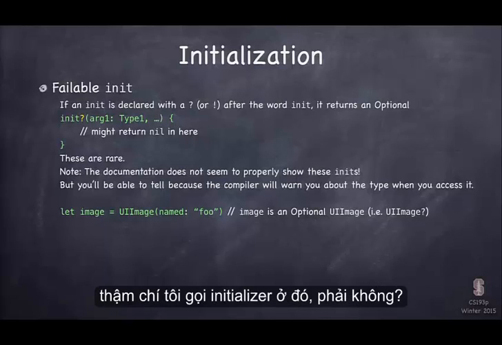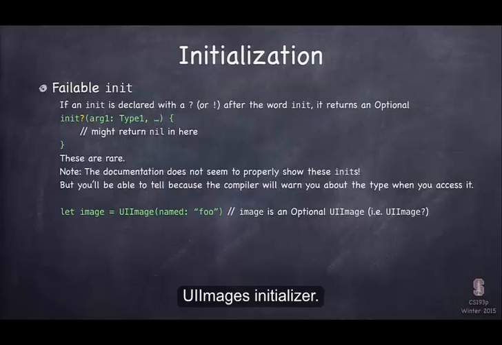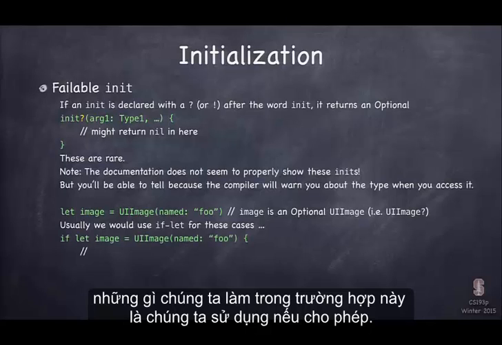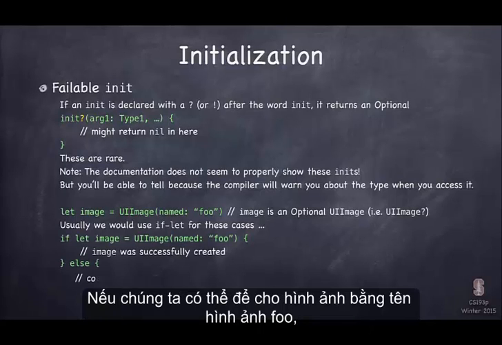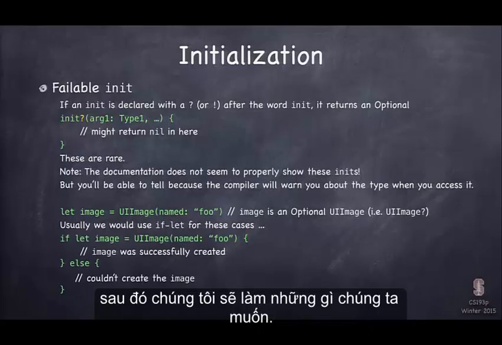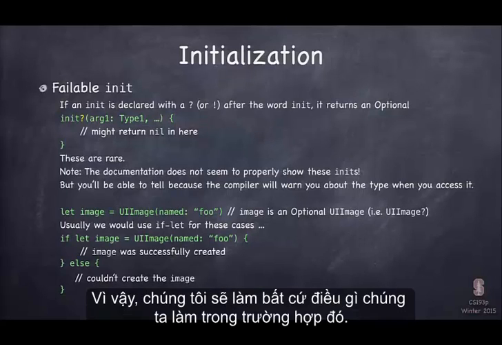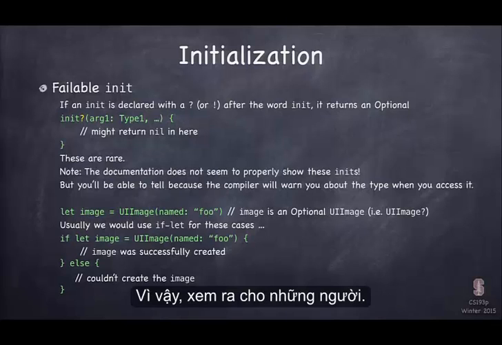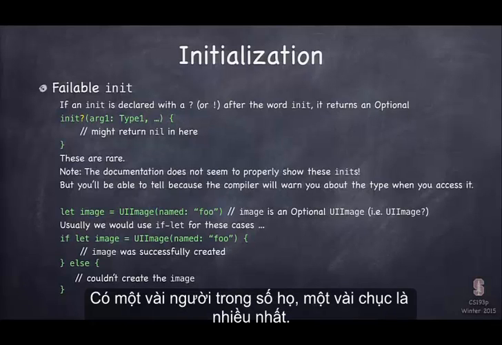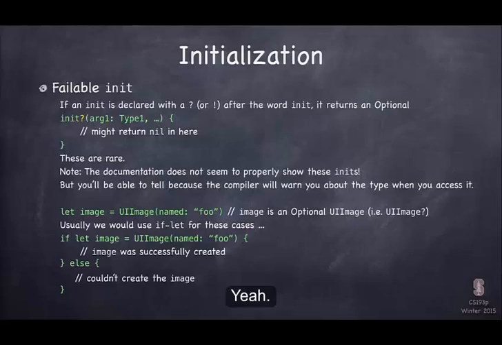Image is an optional UIImage. Even though I'm calling an initializer there, right? UIImage's initializer could fail. So usually what we do in this case is we use if let. Right? If we can let the image equal the image named foo, then we'll do what we want. Otherwise, we couldn't find it, so we'll do whatever we do in that case. Okay? So watch out for those. There's very few of them, a few dozen at the most.